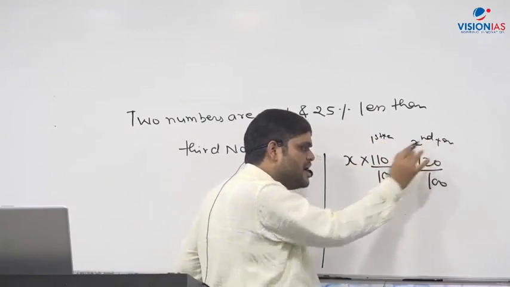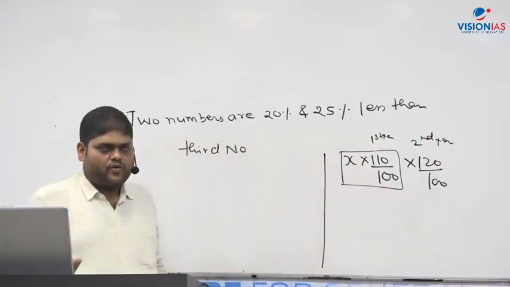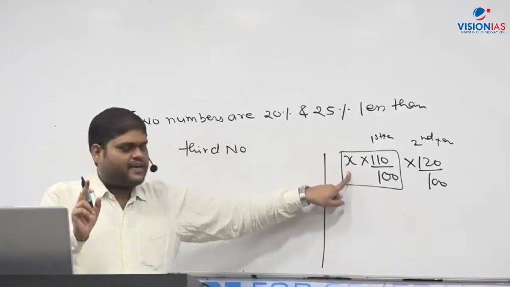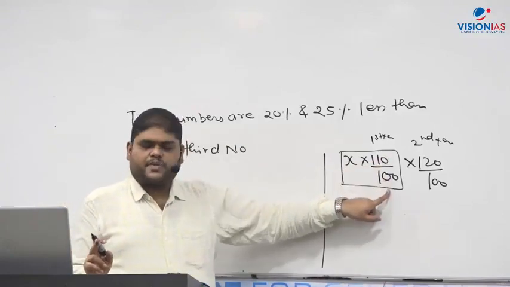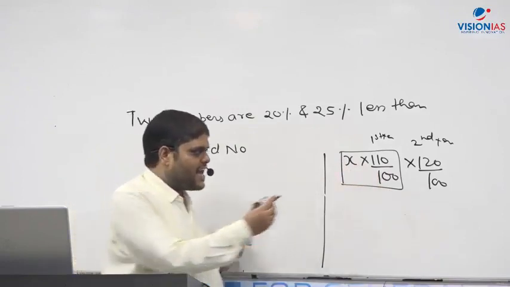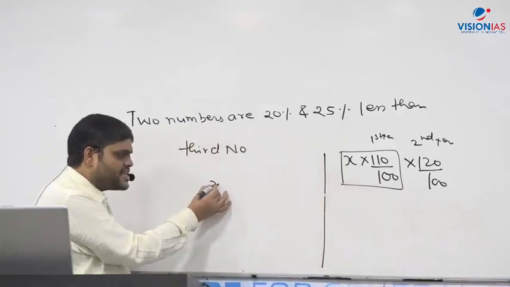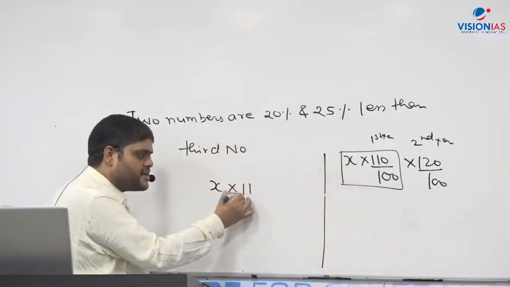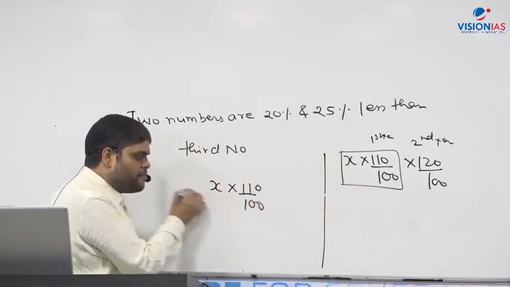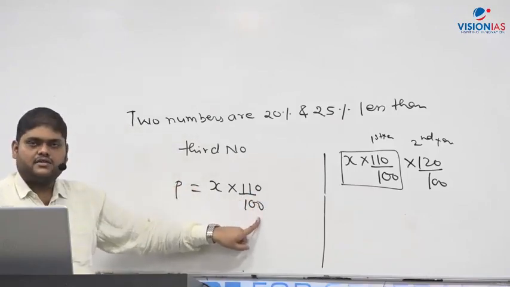So this value represents the first year value. Because X was the original value, you increase by 10%, that means this becomes the first year value. So suppose if I am writing like this, in the first year the value increases by 10%. So this value P equals X into 110 upon 100.